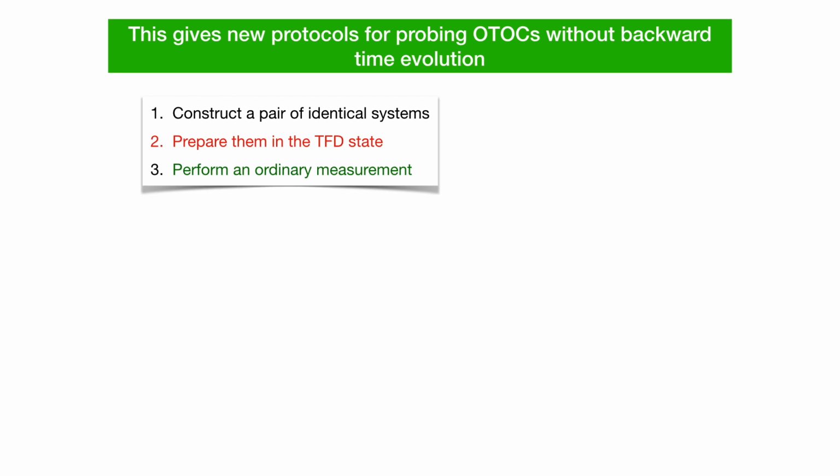So, this is a possible application of a wormhole. It gives a new family of protocols that can allow you to probe out-of-time order correlators in systems where you cannot really effect backward time evolution.